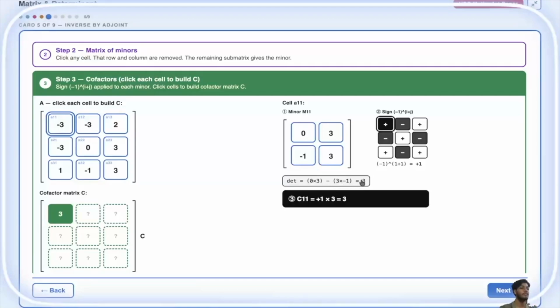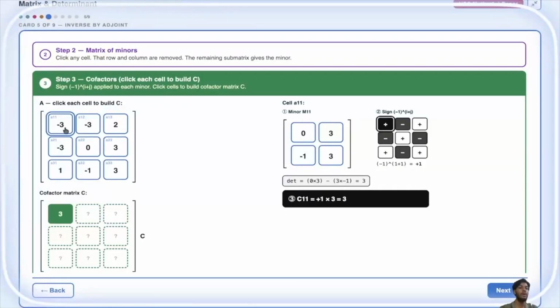So the value is 3. The value for this minor is 3, but we're going to place a sign before this. For this position, if you see the sequence plus minus plus, the sign should be plus. So we place a positive sign before this, plus, and the value is 3.